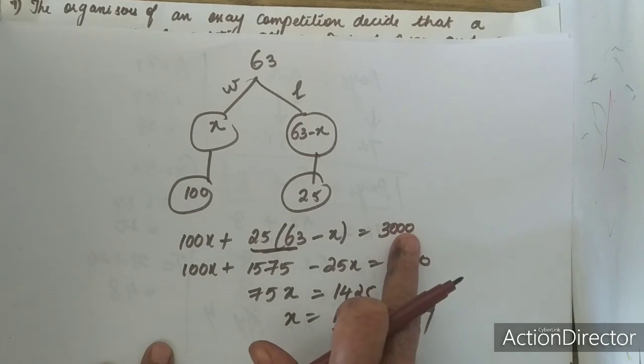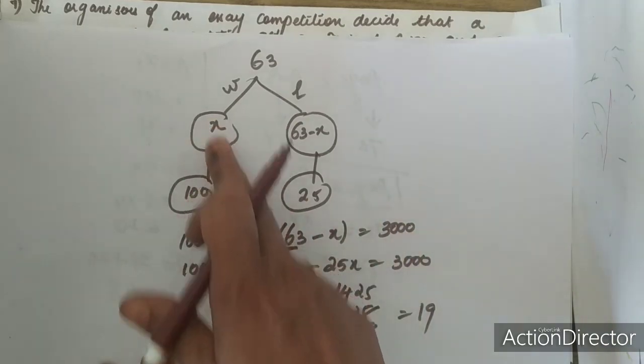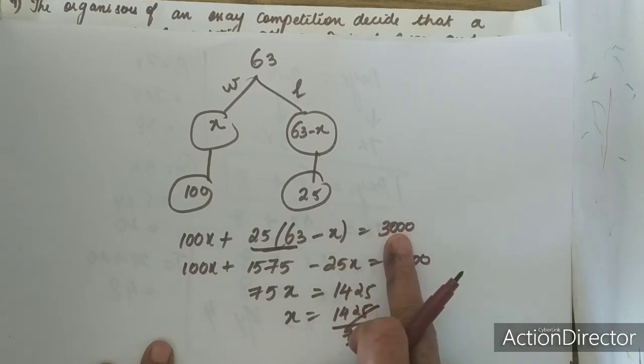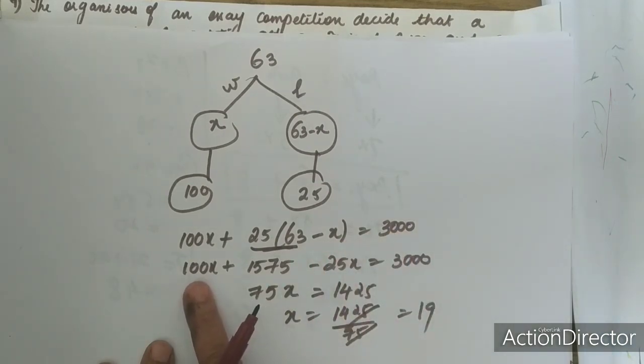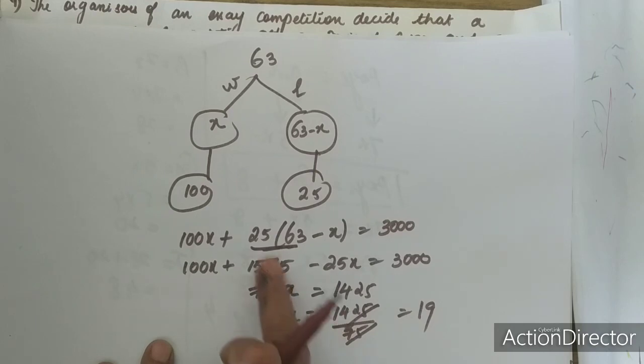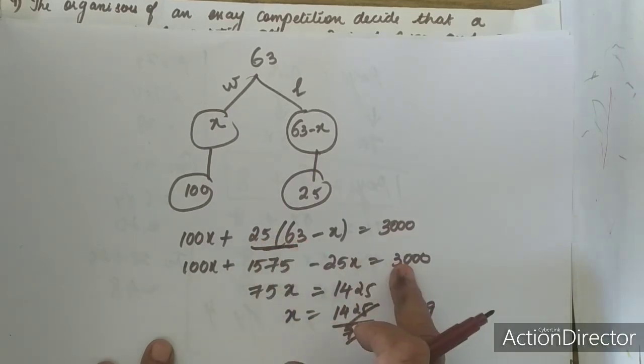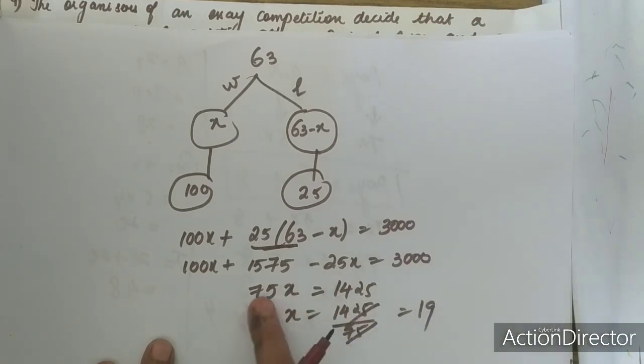But you know the total amount is 3000. So 100 into X plus 25 into 63 minus X is equal to 3000. And 100X plus 1575, since 25 into 63 is 1575, minus 25X will be equal to 3000. 100X minus 25X is 75X, which is equal to 1425, or X is equal to 19.